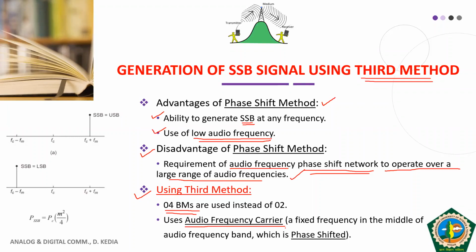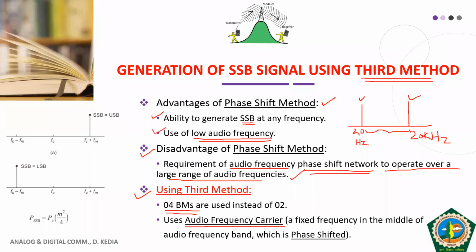My audio signal lies between frequencies from 20 hertz to 20 kilohertz. This is my lowest frequency and this is my highest frequency, and my audio signal lies between this entire range.